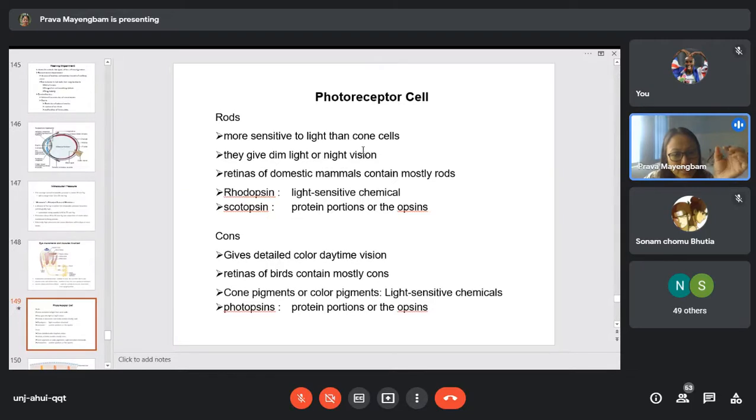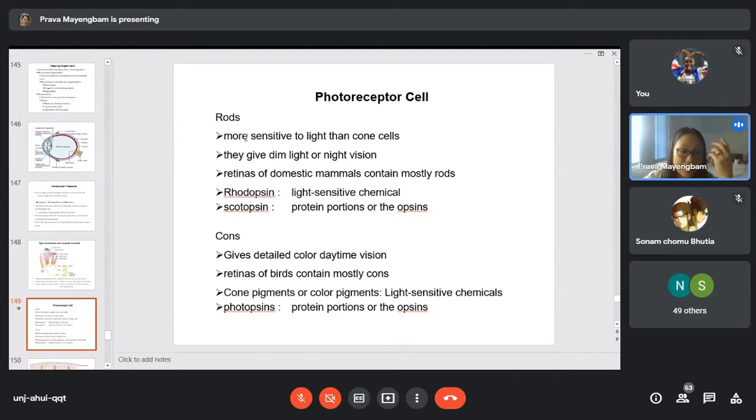That means even in the presence of a small amount of light, they are going to work because they are more sensitive to light. So their function will be more during night time.